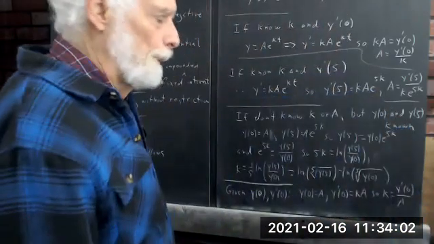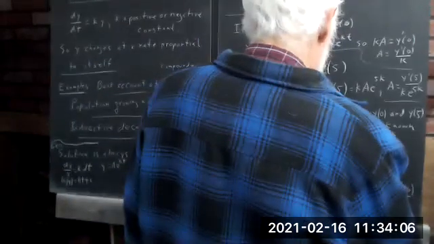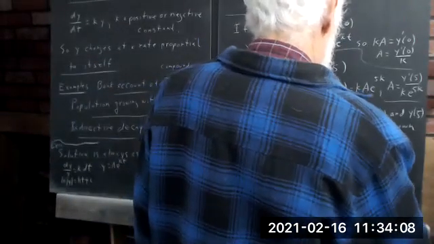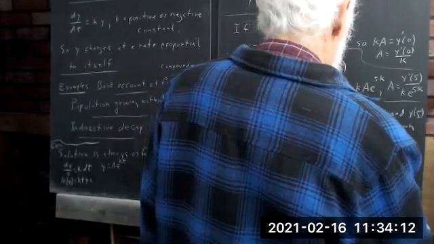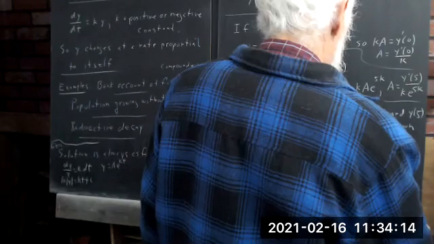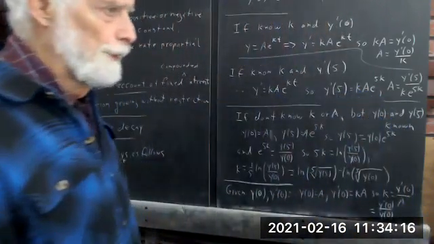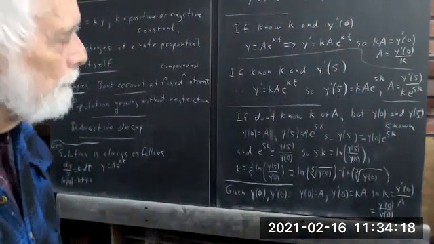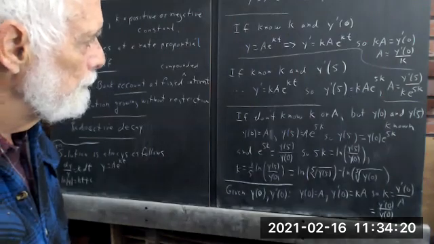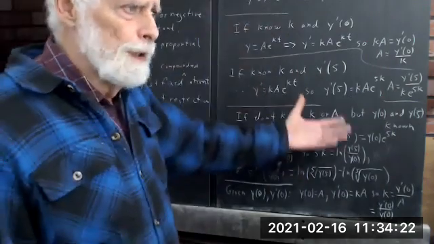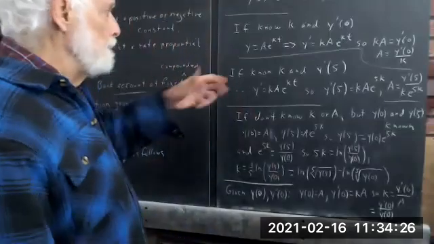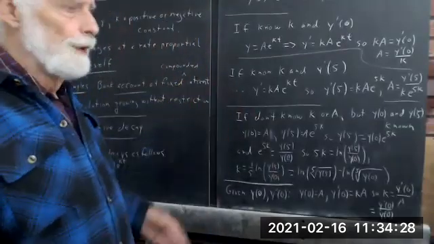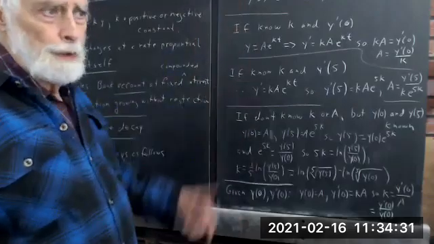So k is y prime of 0 over a, and of course that would be y prime of 0 over y of 0. Okay, so there's the process. It's very straightforward. All these equations are solved by pretty much one of these methods.